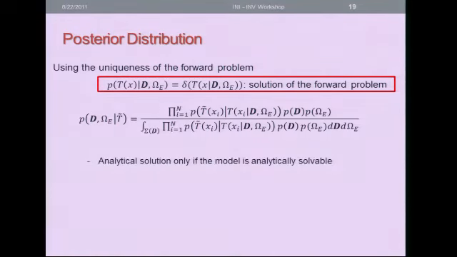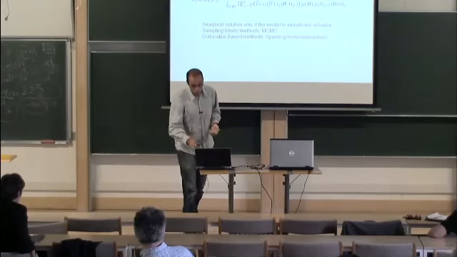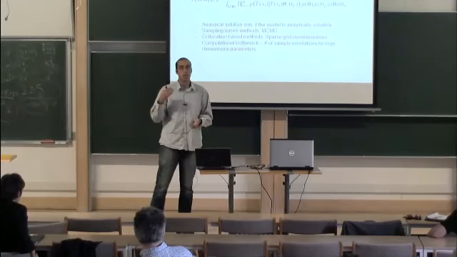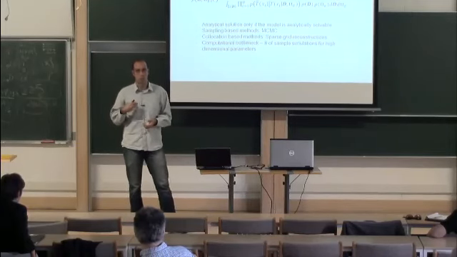This posterior distribution is analytically computable if we know the analytical solution for our model, but this doesn't happen a lot. So we use sampling-based methods, or we can use collocation-based methods and try to reconstruct the posterior distribution through sparse grid reconstructions. The problem in all these approaches is a computational bottleneck: we have to solve this model equation many, many times.